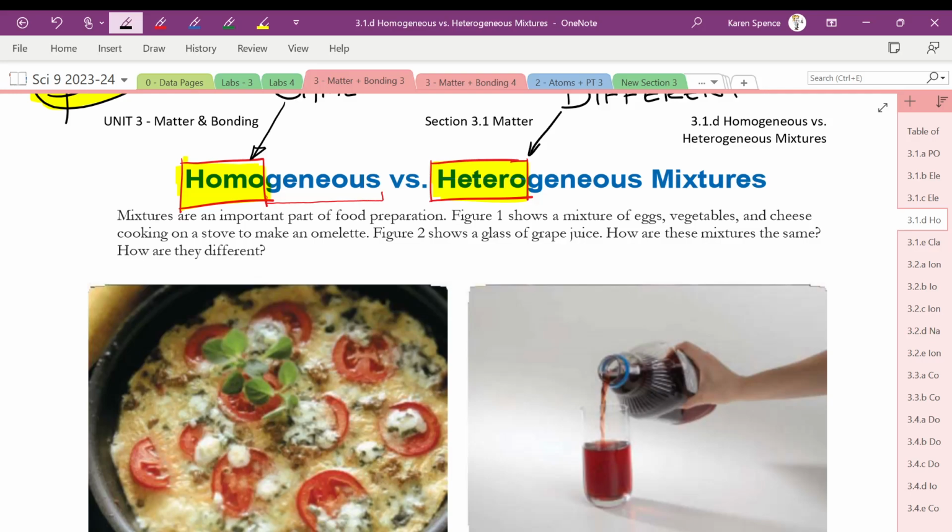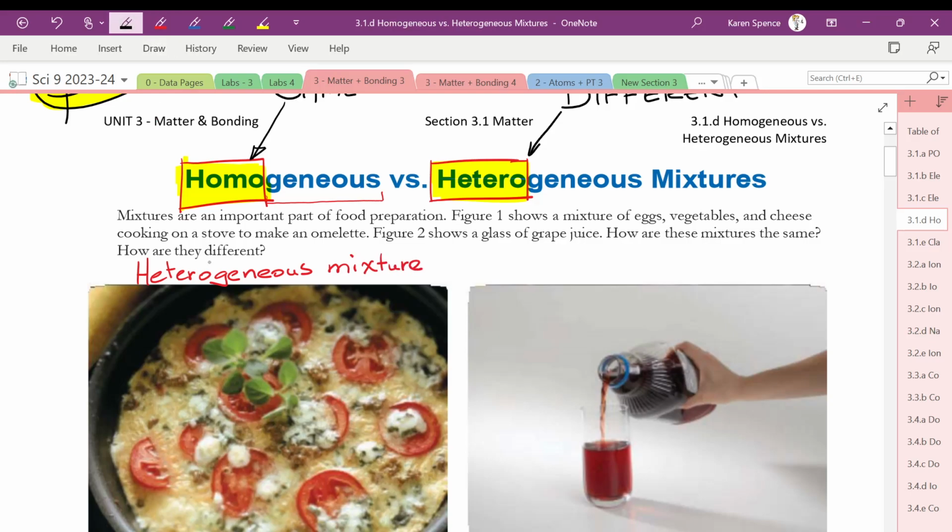Okay, omelet, homogeneous or heterogeneous? Omelet, heterogeneous, yes. So it is a heterogeneous mixture.